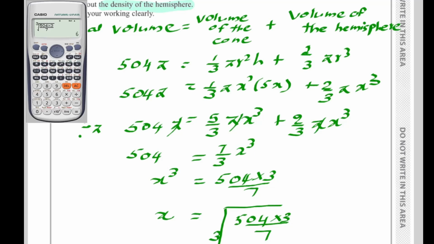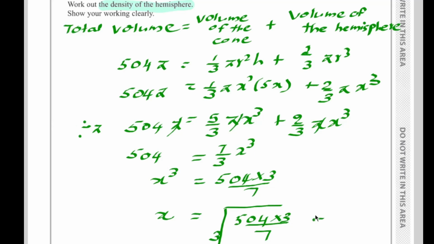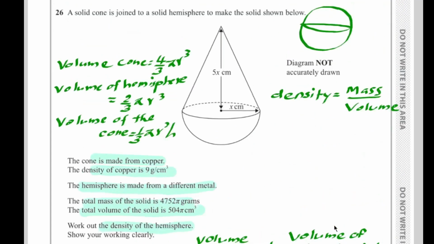So x equals 6. Now we have the value of x. So the height becomes 5 into 6, which becomes 30. Radius becomes 6.